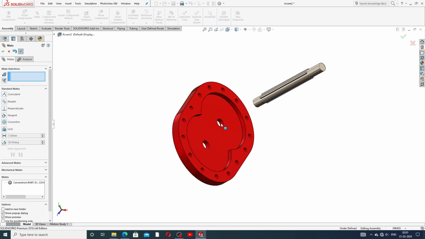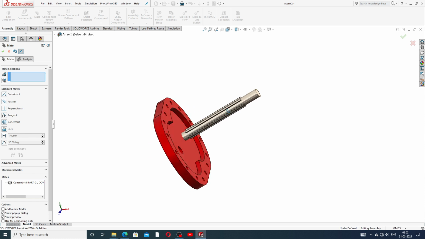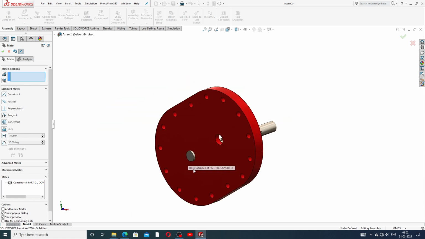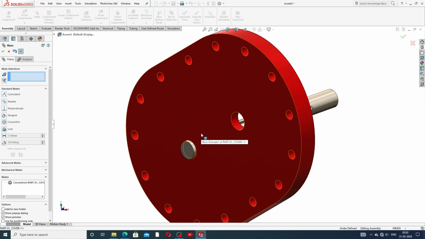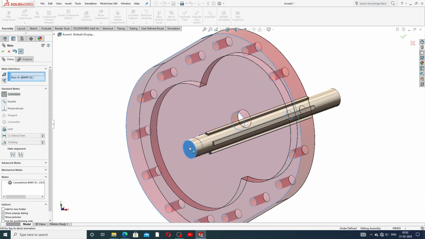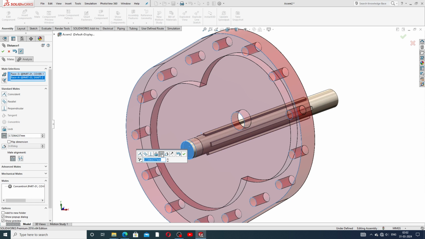And again select this relation and this body. Select this face and go to the relation distance: 5 is this, and 10 is this.